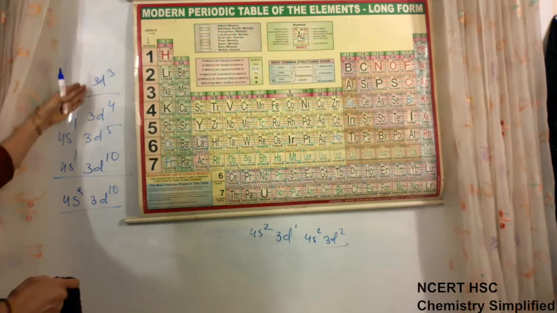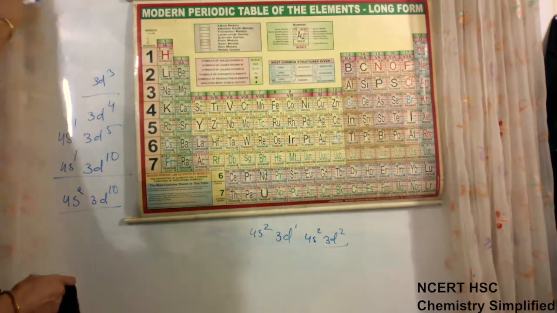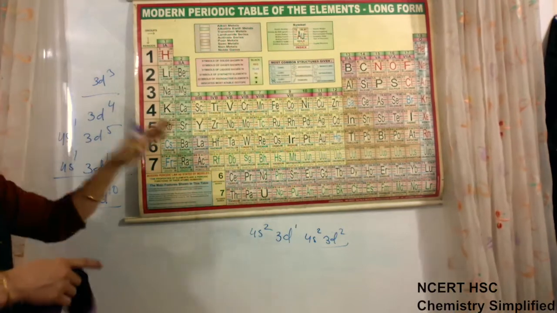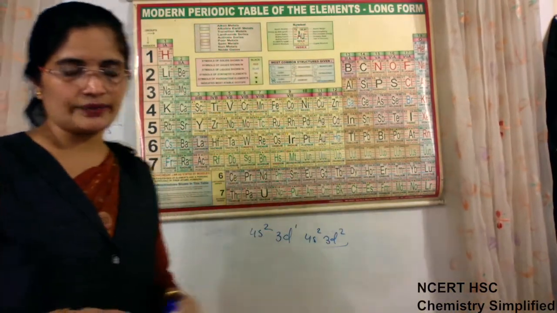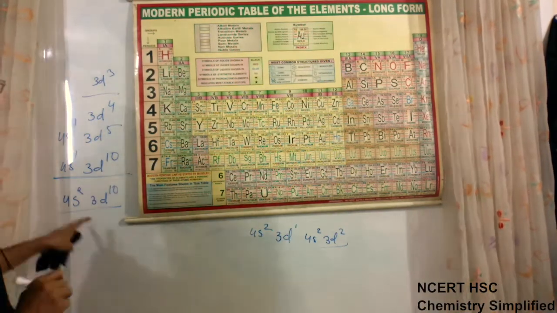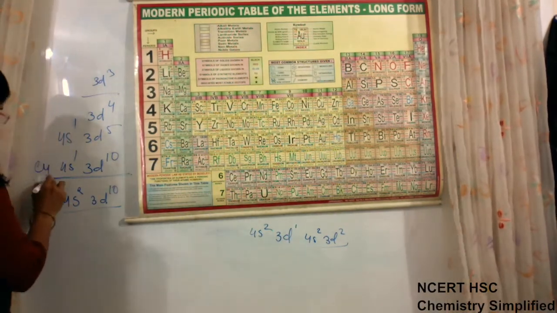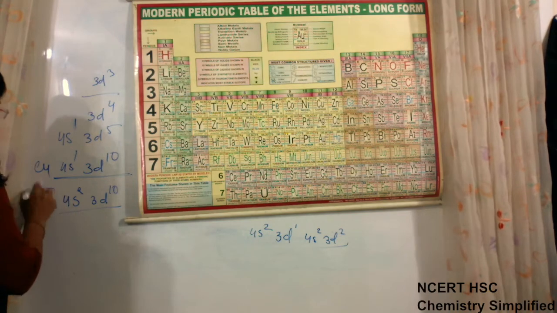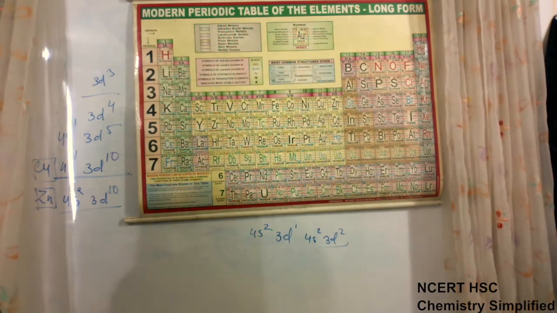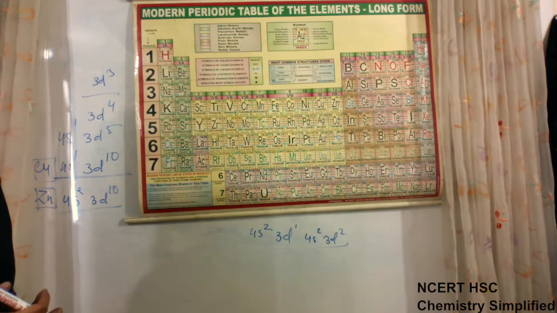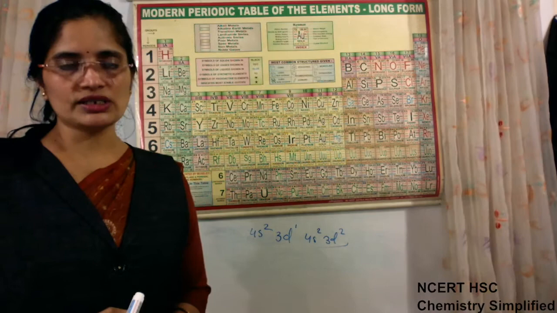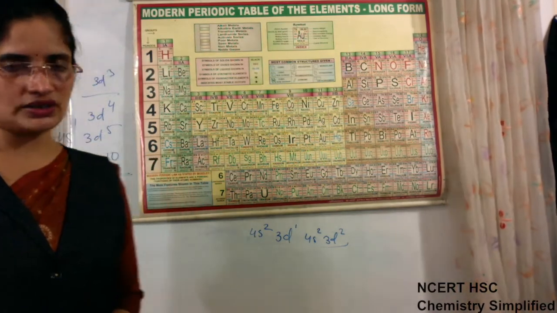We have seen the electronic configuration of all: 3d3, 3d4, 3d5, then 3d6, 3d7, 3d8. We came to copper, and then we came to zinc. The definition is that those elements which have incompletely filled d orbitals in the normal or ground state or any of their oxidation states.